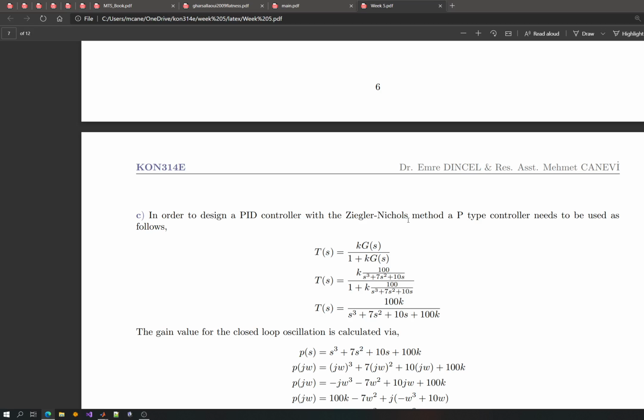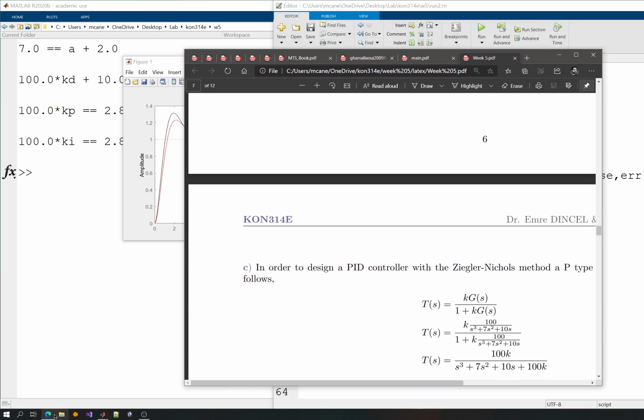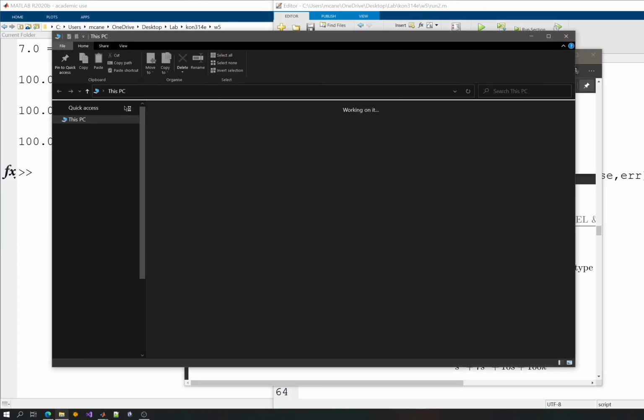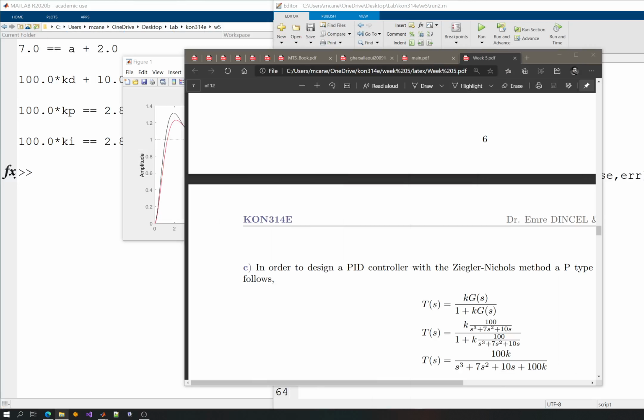If you're looking at some books, I did say that you should check out the book of Ogata, I assume. Hopefully you did. Let me just find it for a second. It was on there, I don't remember.